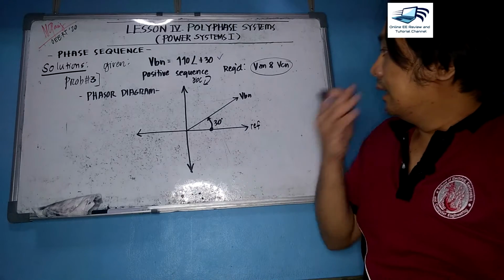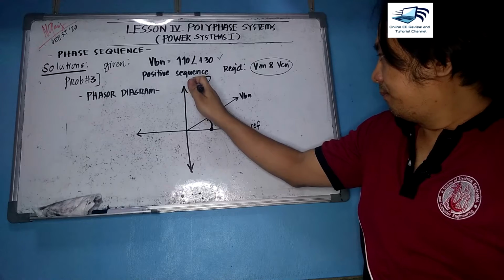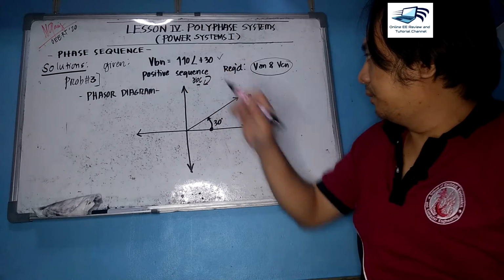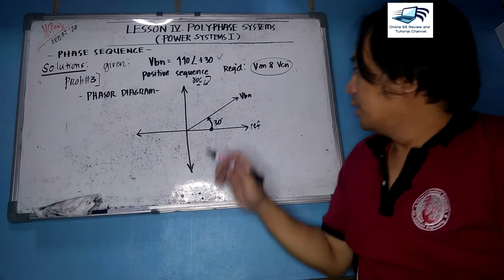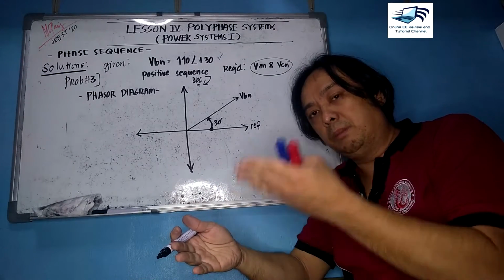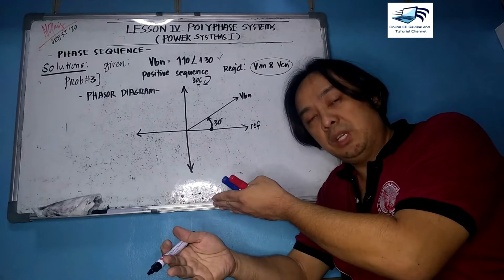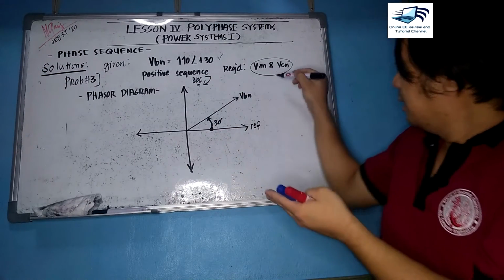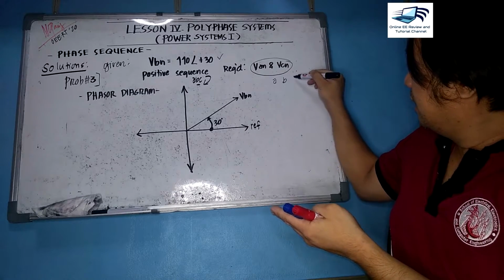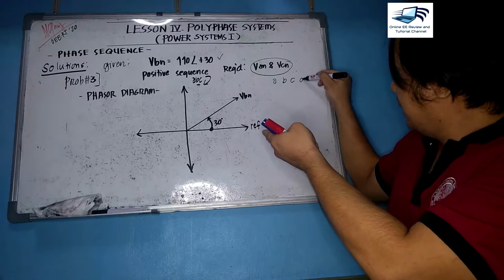Okay, next. So to locate the other vectors, we must have the ABC sequence. Please take note, it's like in the alphabet, it must be in a sequence. So you have A, the next letter is B, the next letter is C. So it will begin again at A here.